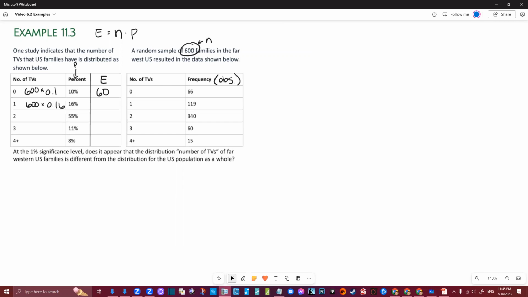Which is 96. Next one is 600 times 0.55, which is 330.